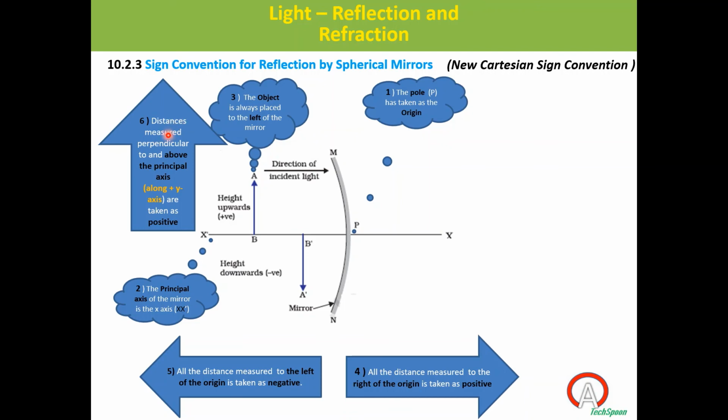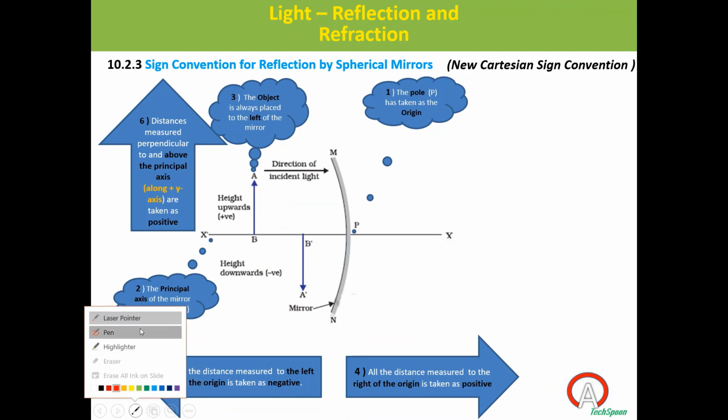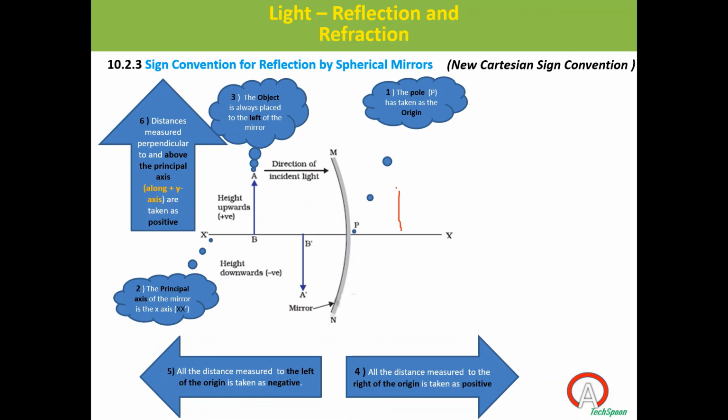See, distance measured perpendicular to and above the principal axis. So this is the principal axis, x dash x, the line that is passing through the pole P and the center of curvature, right? The perpendicular lines to the principal axis may be like this, like this, and this is also perpendicular.